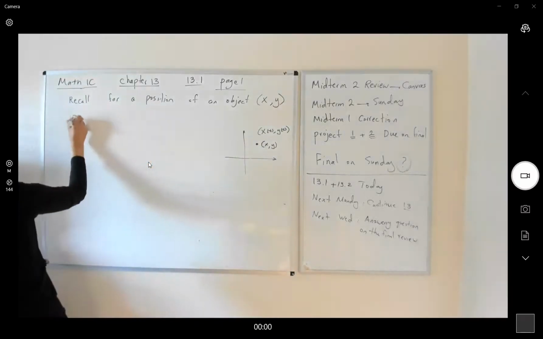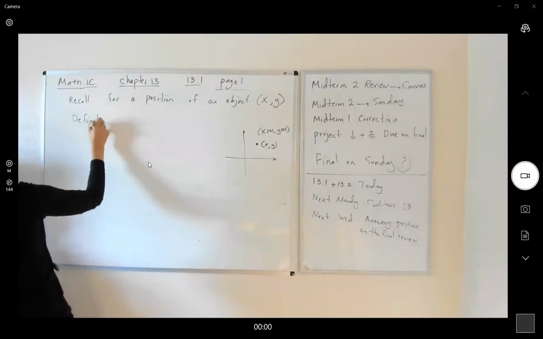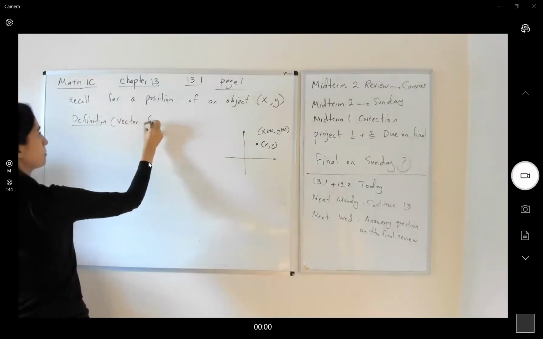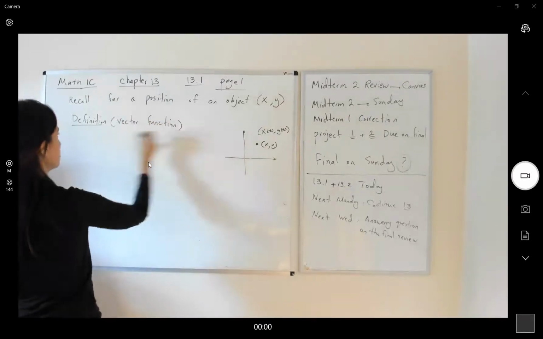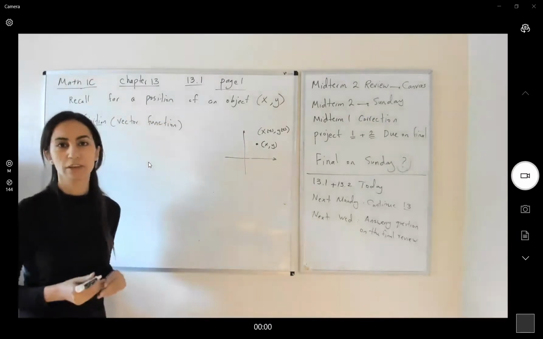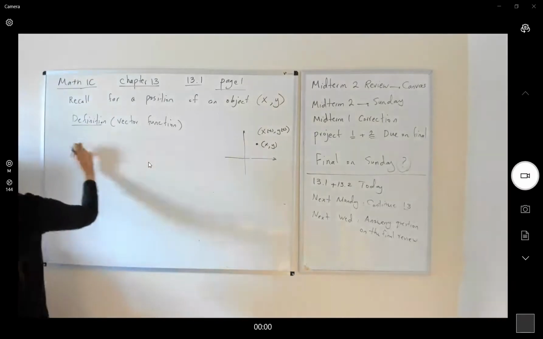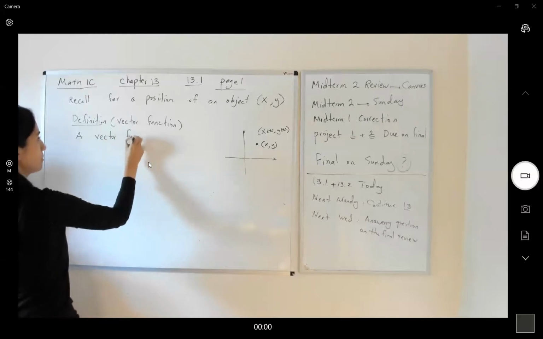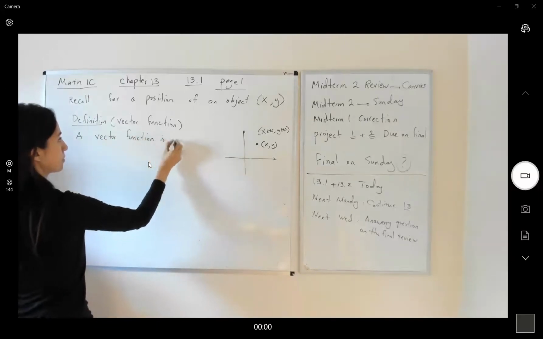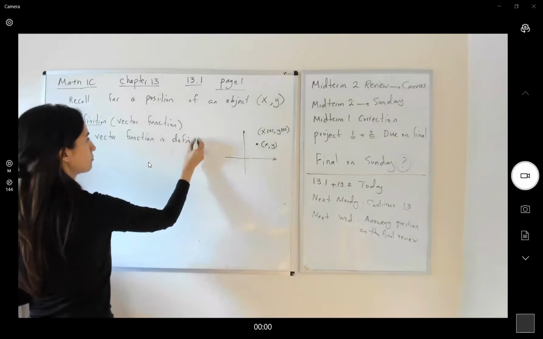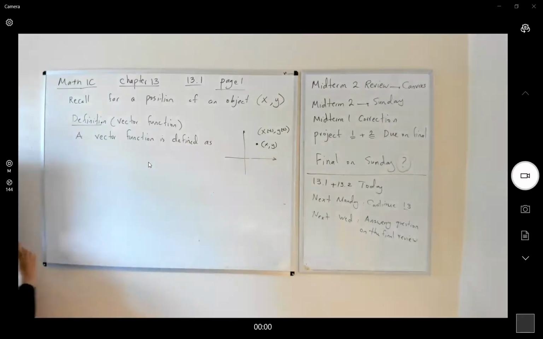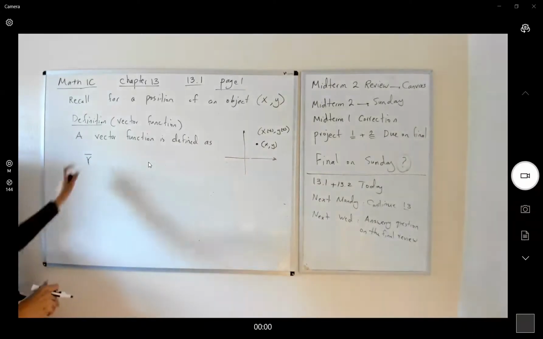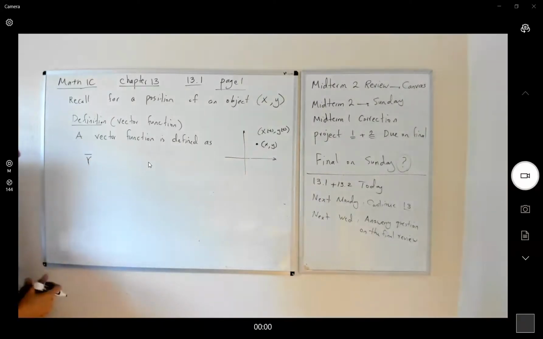So, the definition of a vector function. The definition is very easy. A vector function, or vector valued function, is defined as, for example, you can take R, and put a little bar on top of it to show that here we have a vector.